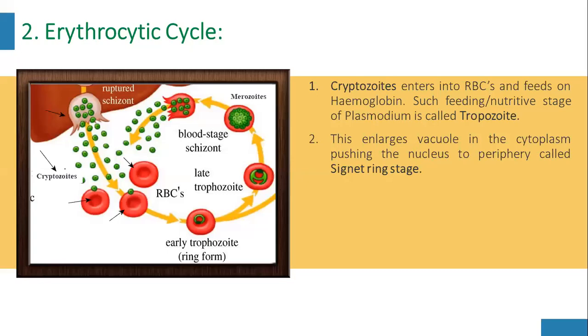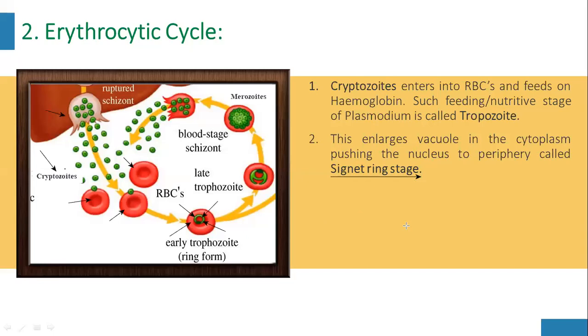Because of this, the nucleus of the Plasmodium is pushed to one of the corners. And because of being pushed to one corner, you can see a ring-like structure of the nucleus. Can you see, students? A ring-like colored structure which I have shown. This looks like a ring only. So it is called signet ring stage.